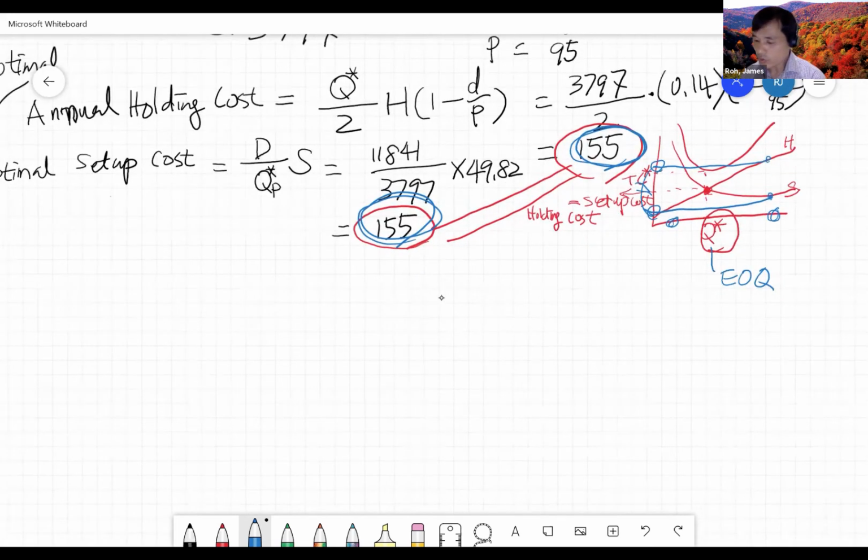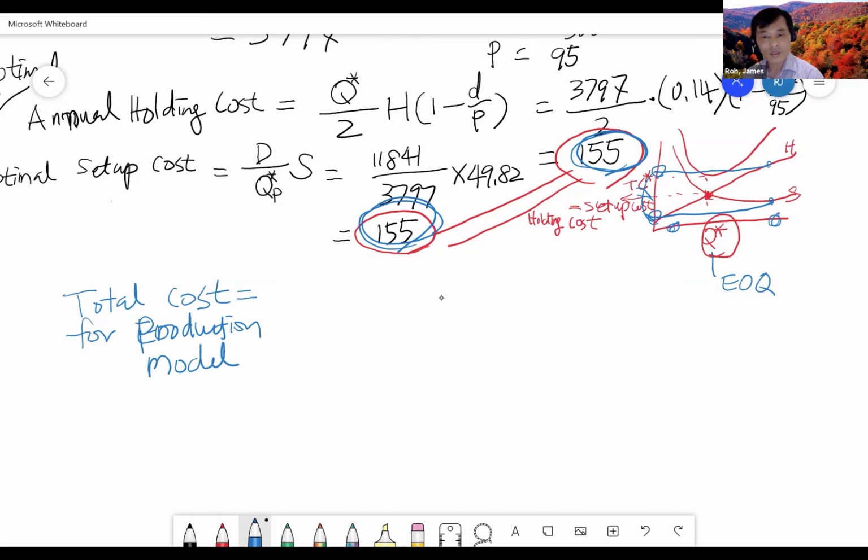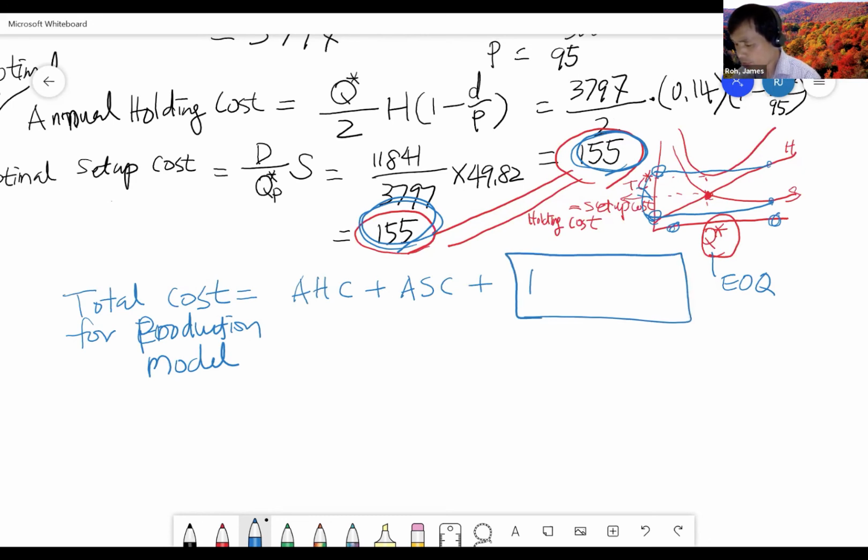Now, the total cost, this is a little bit confusing part. Total cost for the EOQ production model equals annual holding cost plus annual setup cost plus production cost.